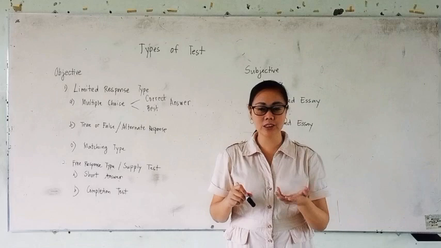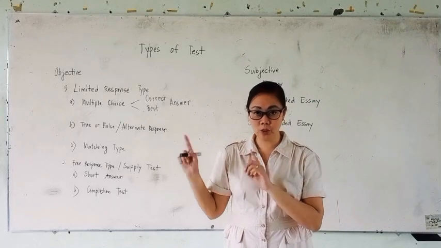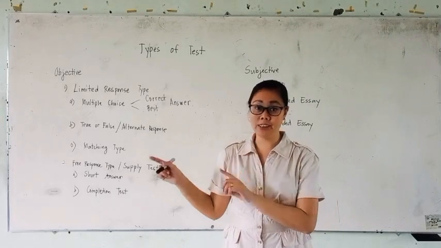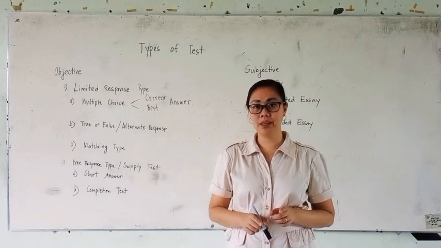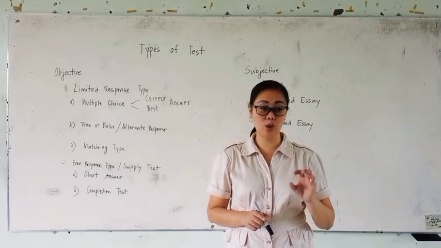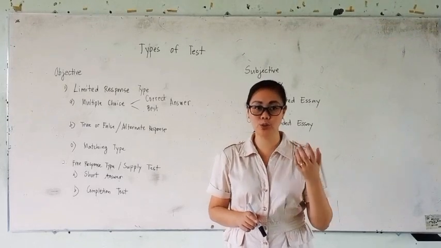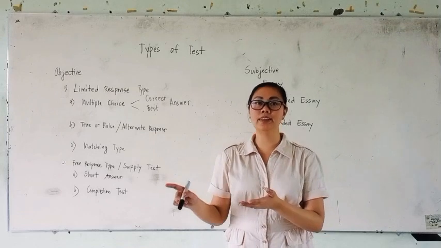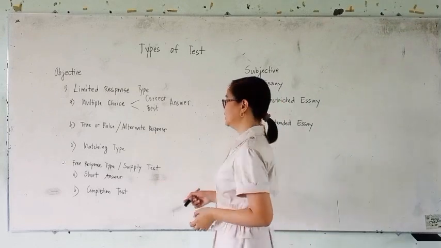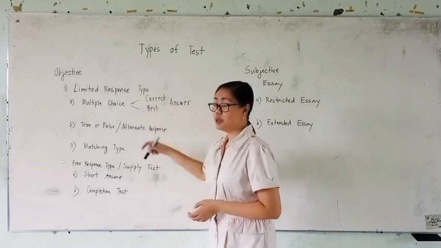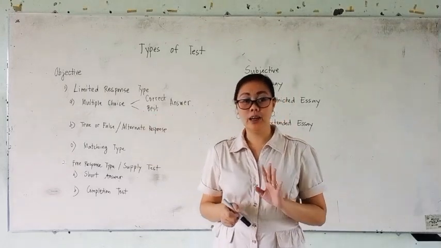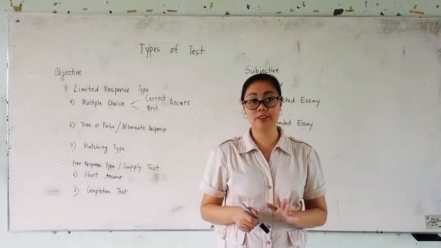And the correct answer, of course, there's just one correct answer as based on the key itself, while when it comes to the best answer, all of the options are correct, but you have to choose the best within the situation.